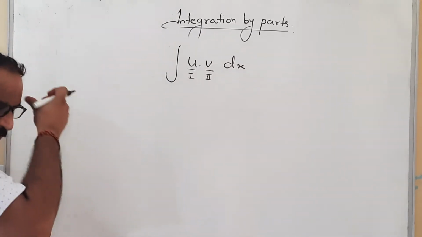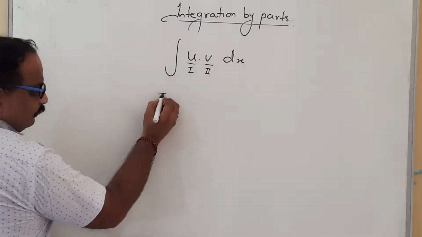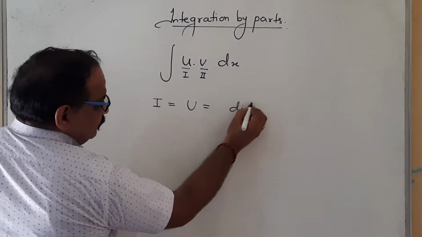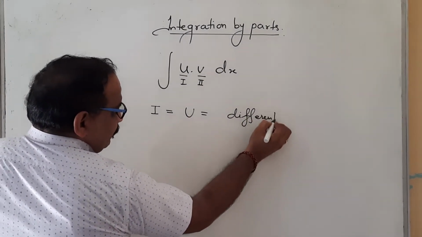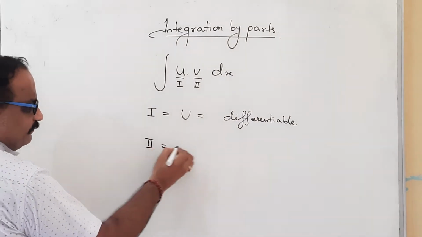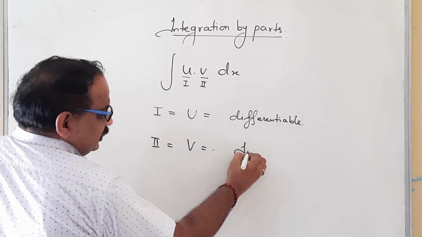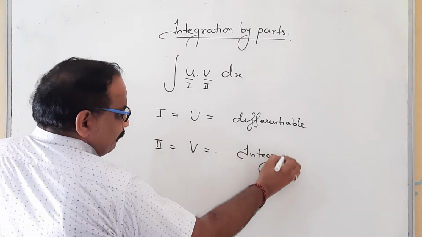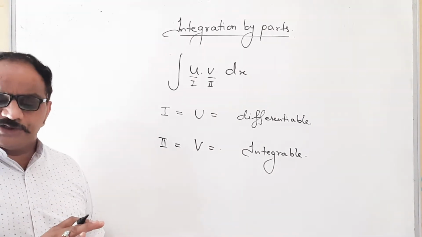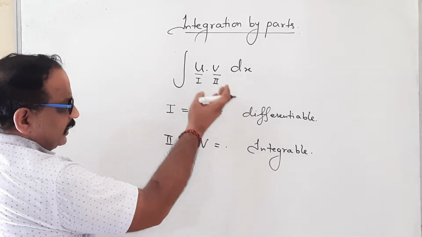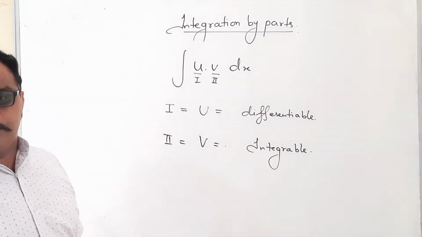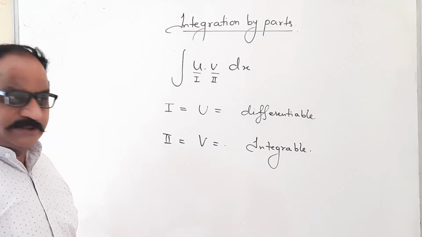The basis of that rule is that the first function, that is u, should be differentiable, and the second function, that is v, should be integrable. The message is very simple. We should choose as first the function whose differentiation we are comfortable with, and as second the function whose integration we are comfortable with. On that basis we have to choose the first and second.